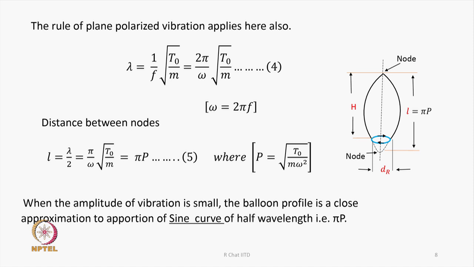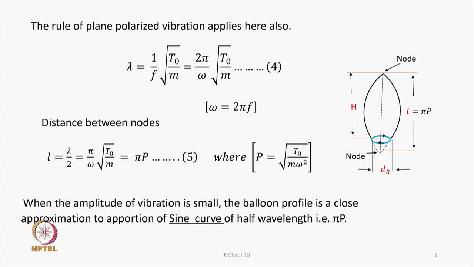So, that is what is going to be the lambda, and we say lambda value is again connected to the omega rotational speed, the tension which is there and the mass per unit length of the yarn. The distance between the nodes, here it is being shown that the node is somewhere here.